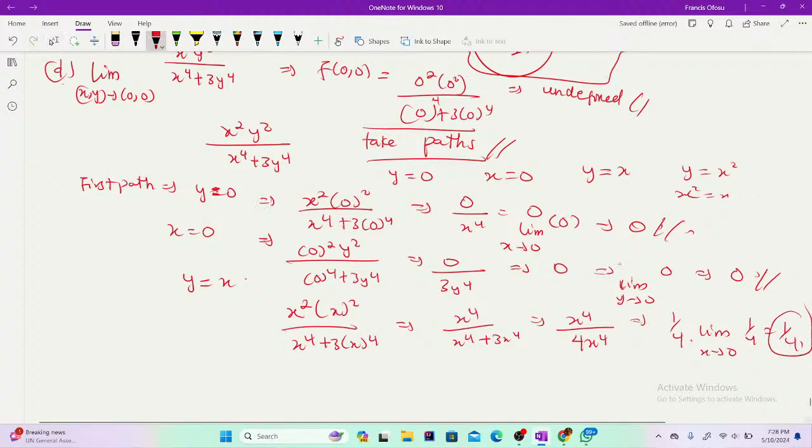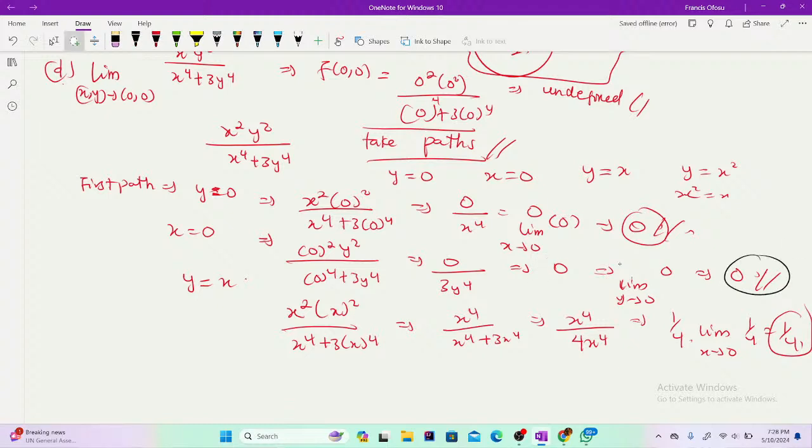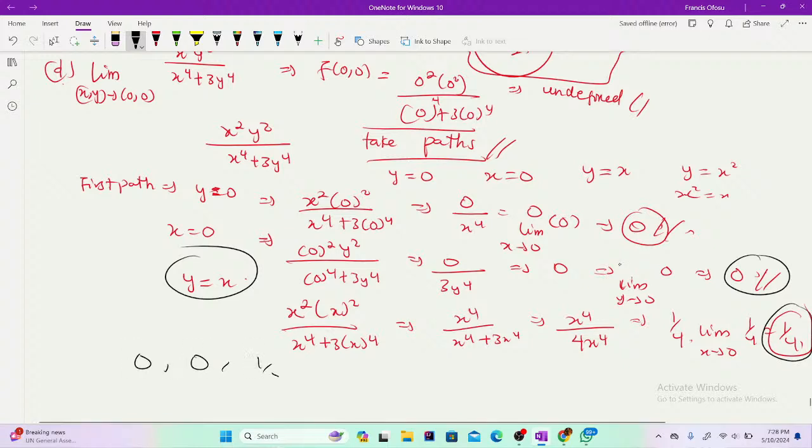Now, the same function, we approach it with y equals 0 and we have 0, right? The same function, we approach it with x equals 0, we have 0. Now we approach it with what? y equals x and we are getting 1 over 4. So we are getting 0, 0 and 1 over 4. They are not equal.